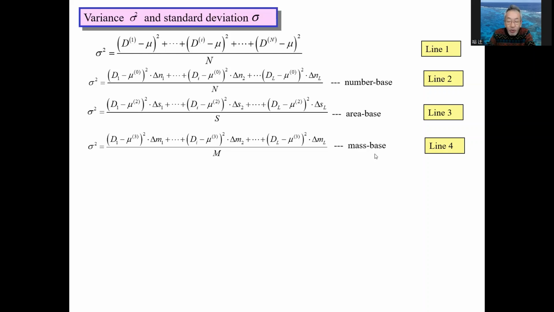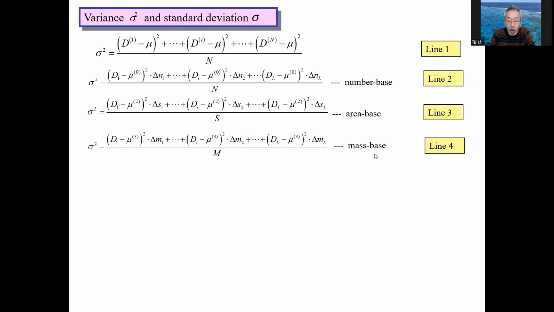There are 4 kinds of group data, such as number, length, area, and mass of particles. Corresponding to such grouping, there are 4 kinds of mean size too. That is, number-based mean size mu0, length-based mean size mu1, area-based mean size mu2, and mass-based mean size mu3.